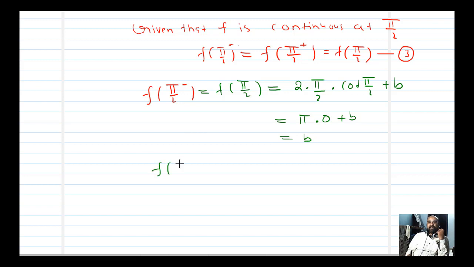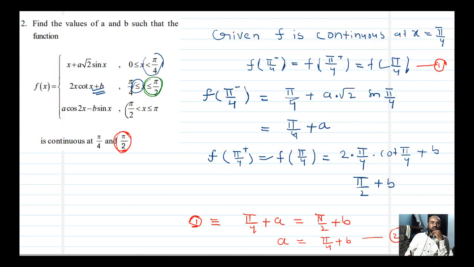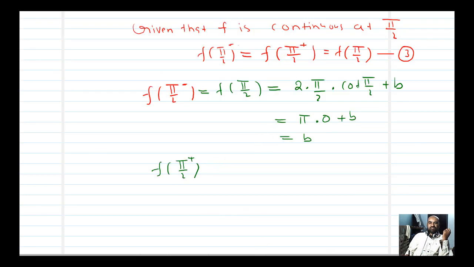Now I want to find f of pi by 2 plus. Students, for f of pi by 2 plus, in this rule it is a cos 2x minus b sin x, where x means pi by 2. So a into cos pi minus b sin pi by 2.